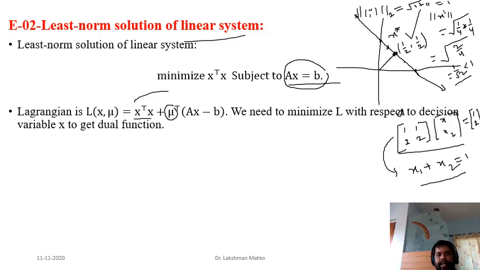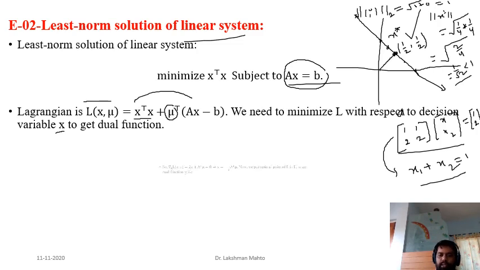Now we need to get the Lagrange dual function of this problem. So we have to minimize this Lagrangian with respect to x. It is a very nice and smooth function, so we differentiate L with respect to the primal decision variable x.